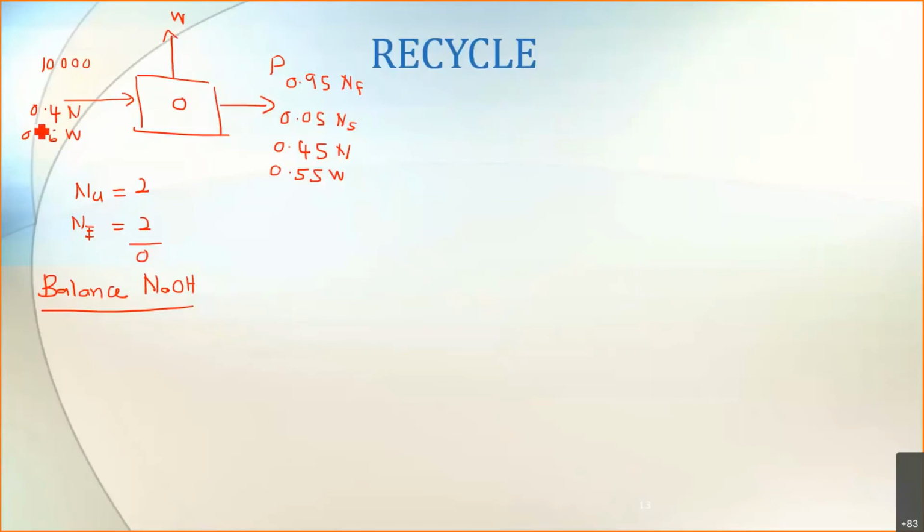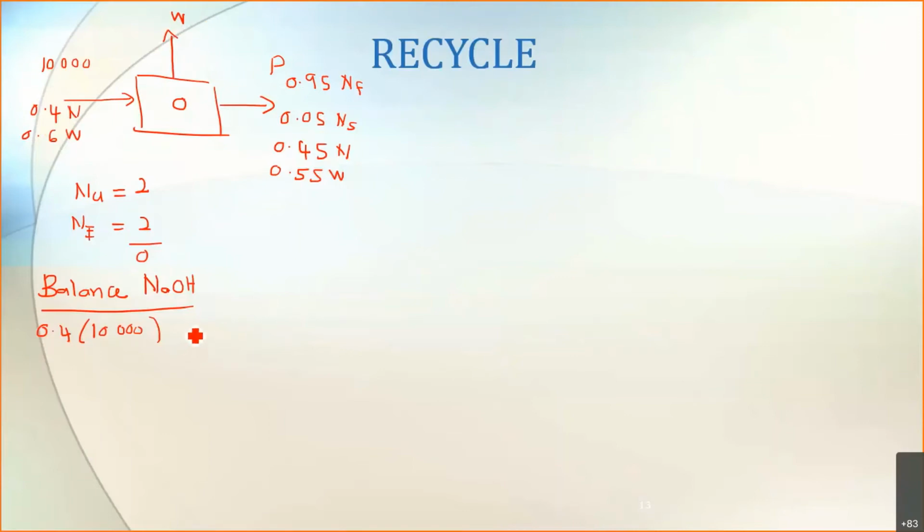So on my feed side, I have 0.4 NaOH. So 0.4 times the flow rate, the feed is 10,000. That is the only thing I have on my input side. Remember again, since this is a non-reactive system, your general mass balance equation will be input equal to output.